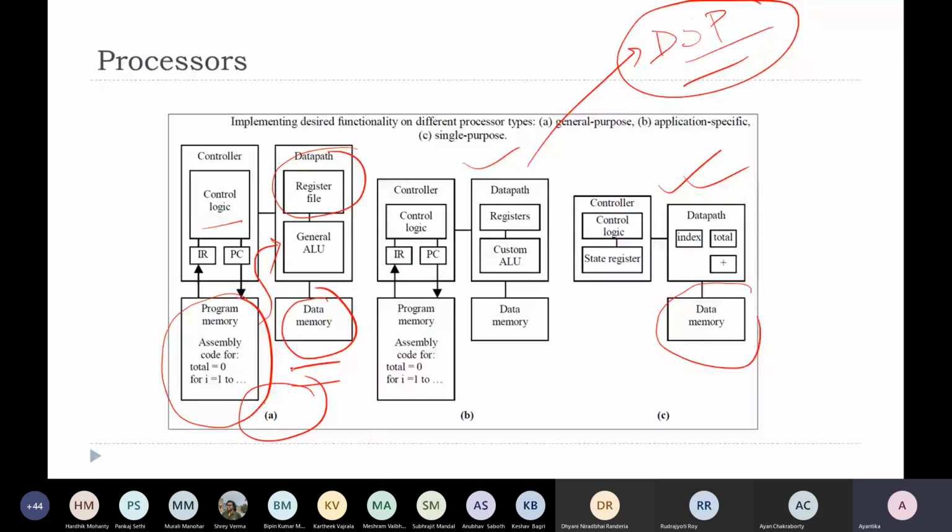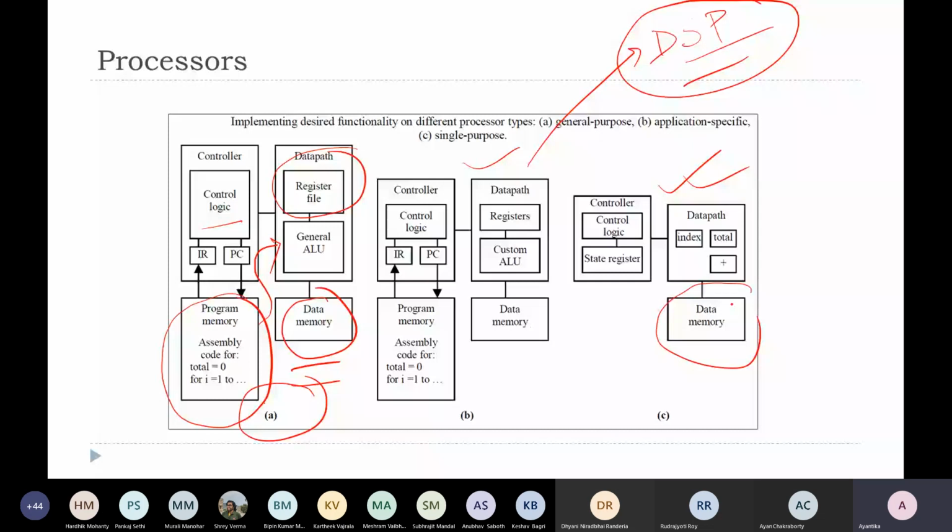And based on that requirement, I have to choose my processors. So modeling is important before going to the implementation step.